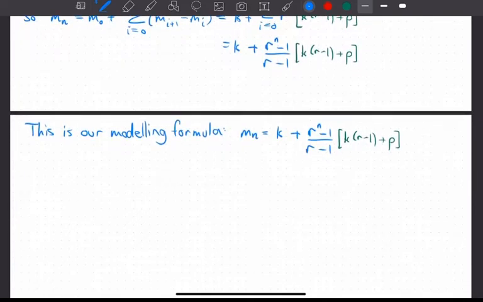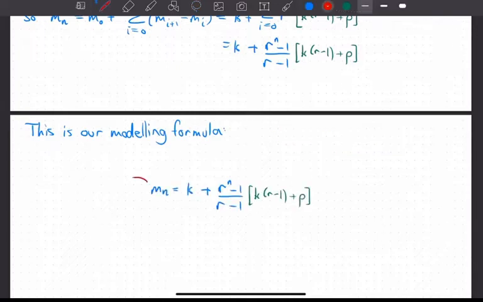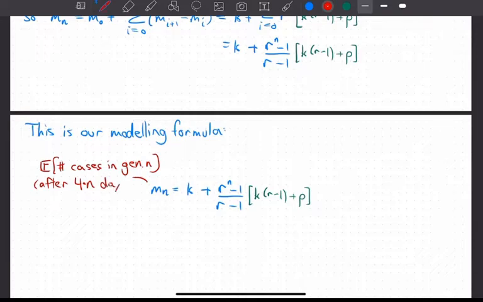And now let me remind you what everything here is. This was the expected number of cases in generation n, which means after 4 times n number of days, assuming that the intergeneration time is about 4 days. k is the initial population.